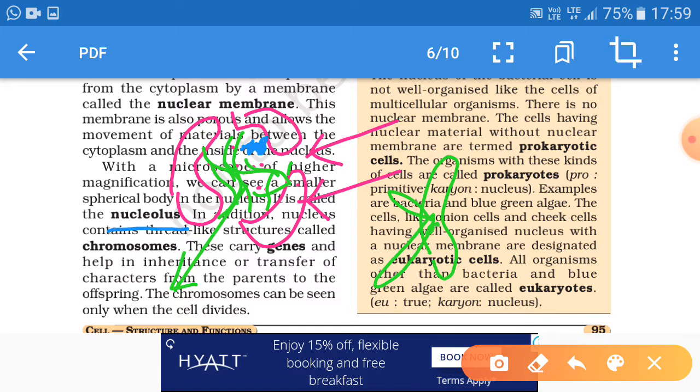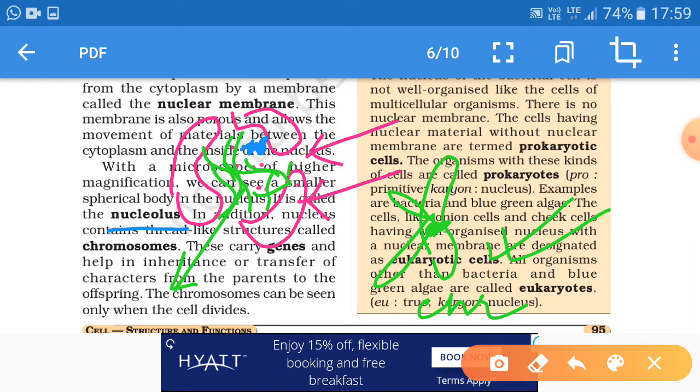Initially, when the cell is not dividing, the thread like structure is called chromatin. When the cell is ready for division, it matures, undergoes condensation, and forms a rod like structure called a chromosome. So a chromosome is a rod like structure, much condensed, and chromatin is a thread like structure.